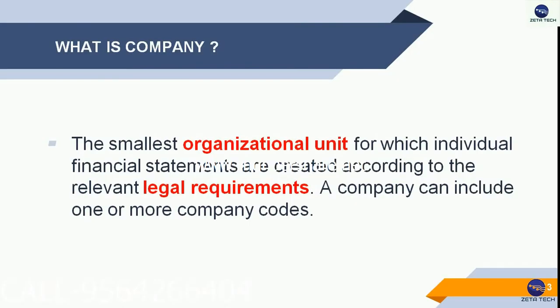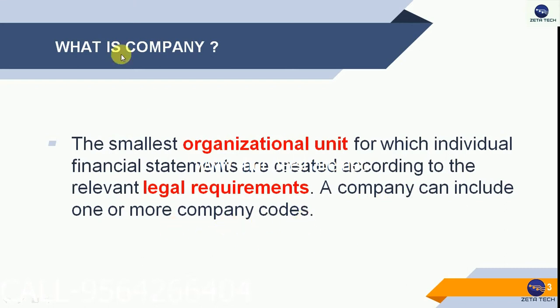Next, what is a company? This is the main important topic on our client organization. The company is the smallest organizational unit for which individual financial statements are created according to the relevant legal requirements. A company can include one or more company codes.